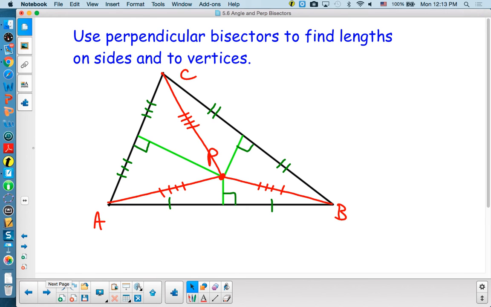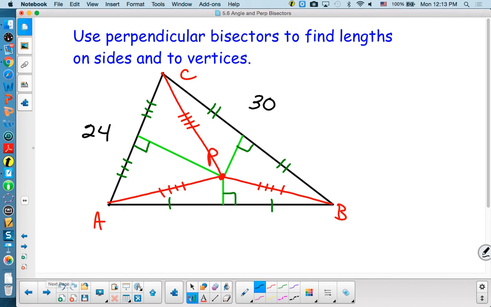So it says find some lengths on this one. So let me put some numbers up here. Let's go with this side is 30. This one's a little bit shorter. Let's go 24. And the bottom is 26. So if we have midpoints on the sides, that 30 would be split into 15 and 15, 12 and 12, 13 and 13.